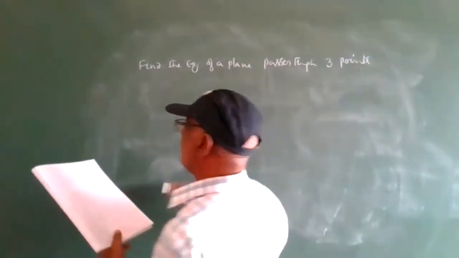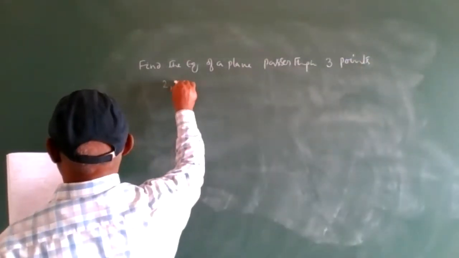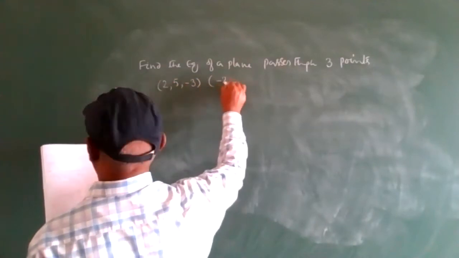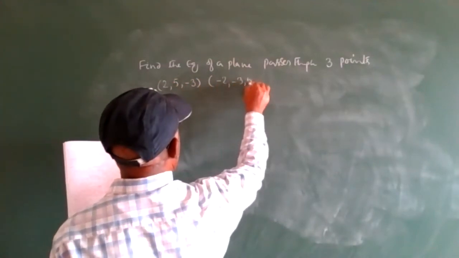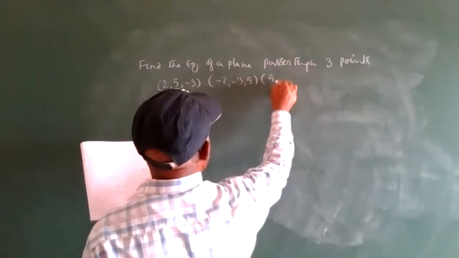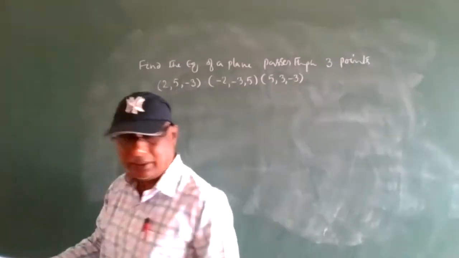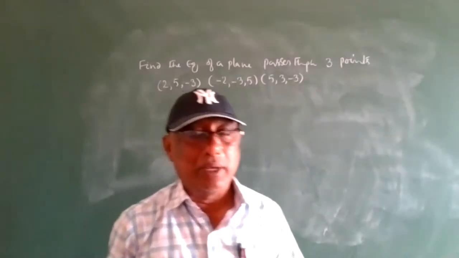What are the 3 points here? 2, 5, minus 3; minus 2, minus 3, 5; and 5, 3, minus 3. Okay? 5, 3, minus 3.